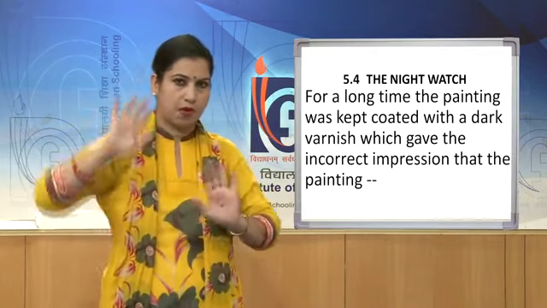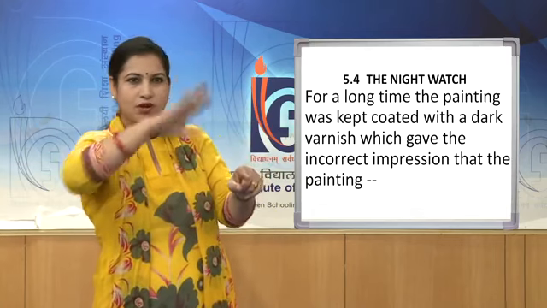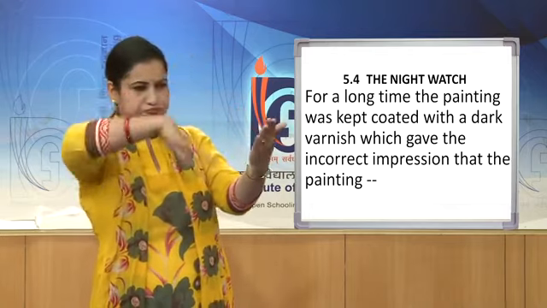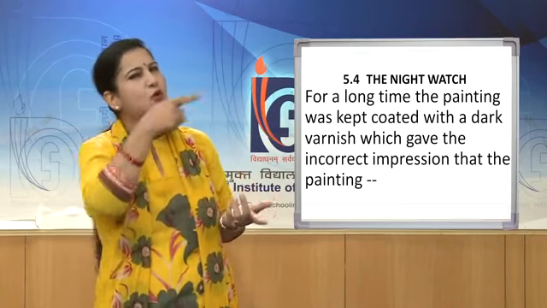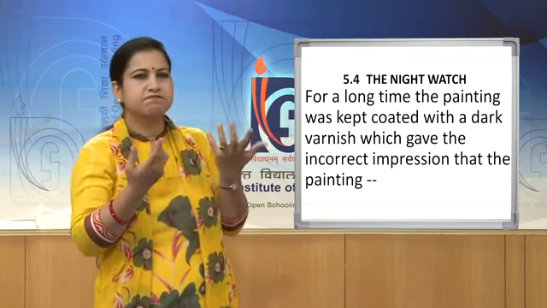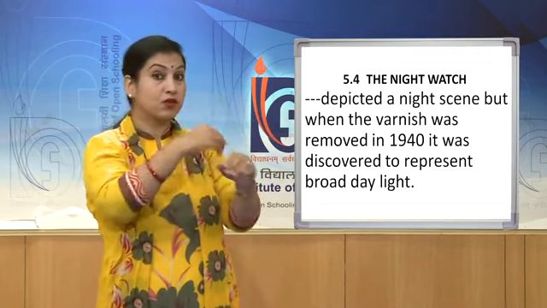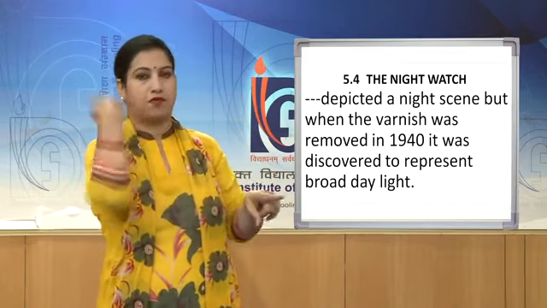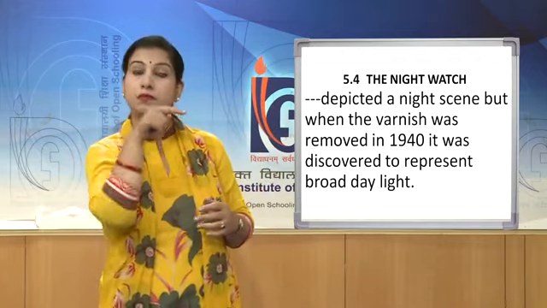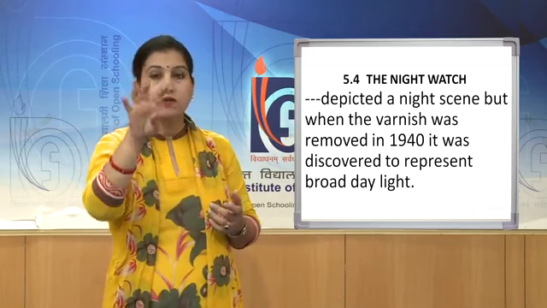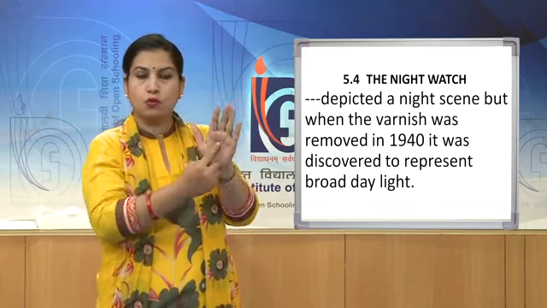For a long time, the painting was kept coated with a dark varnish, which gave the incorrect impression that the painting depicted a night scene. But the varnish was removed in 1940. It was discovered to represent broad daylight.